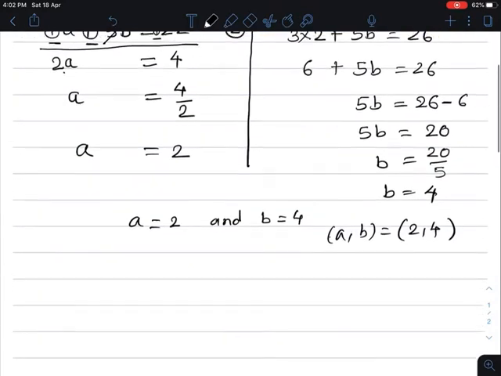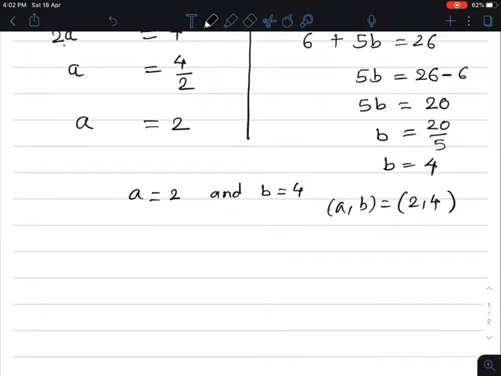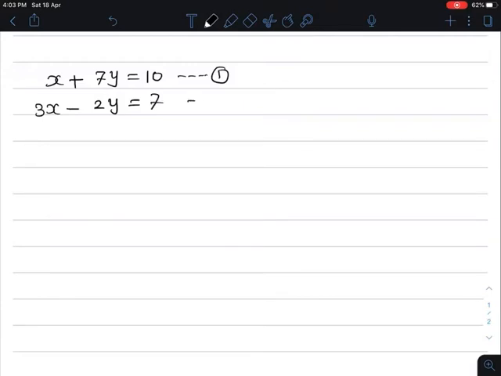Now we will move to the second example. So we will see the second example. x plus 7y is equal to 10. We'll write it as equation 1. The second equation is 3x minus 2y is equal to 7.